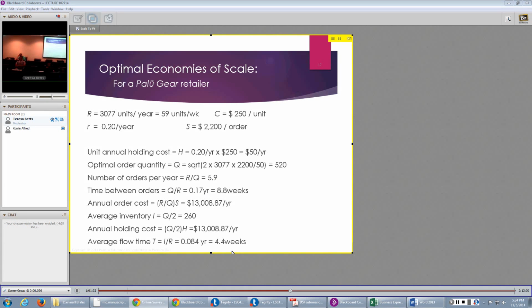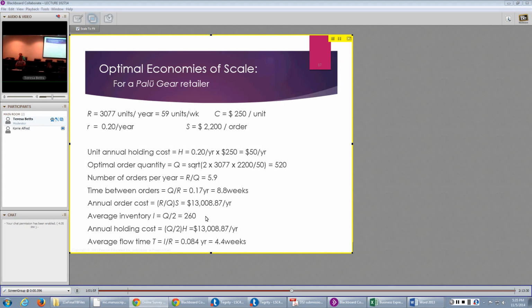And my annual ordering costs are going to be how much it costs me each time I order, times how many times a year I'm going to order. So R divided by Q, which is 5.9, times our S, that's $2,200 each time we order, tells us that our annual ordering costs are $13,008. We know our average inventory is Q divided by 2.